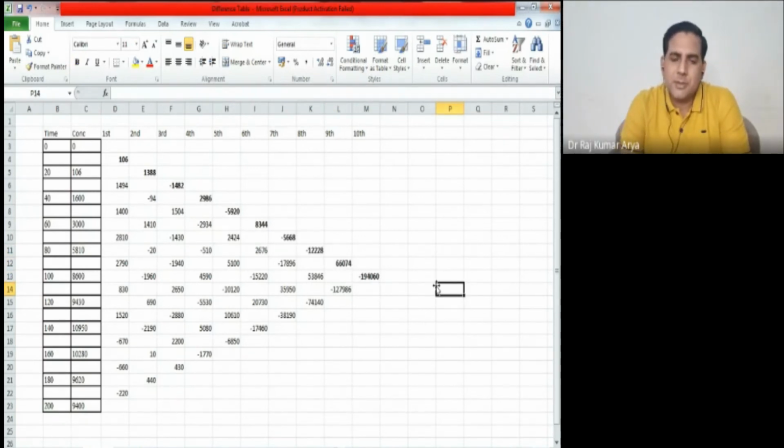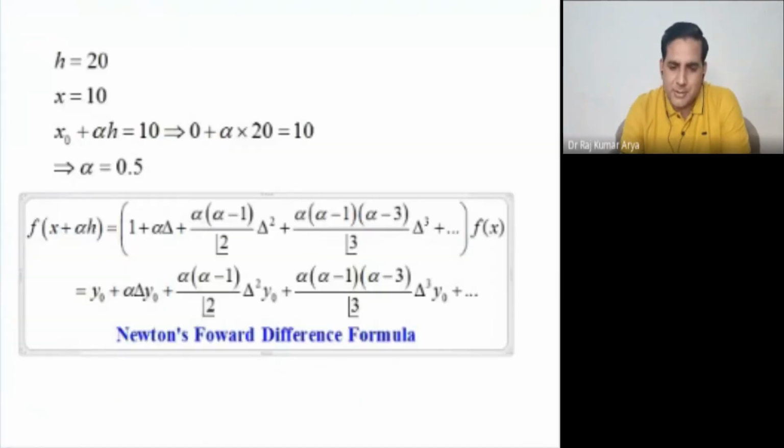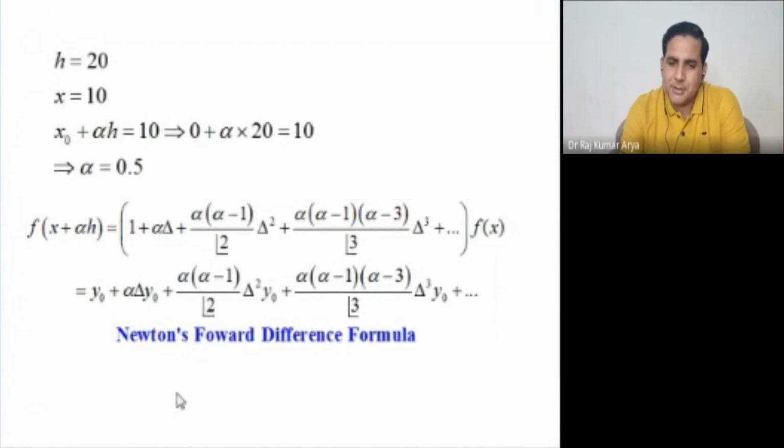These values, your delta by naught, delta square by naught, delta cube by naught, and all this. So you have all these values. Can you substitute all of them in this equation and tell me the answer? Substitute all of them here.